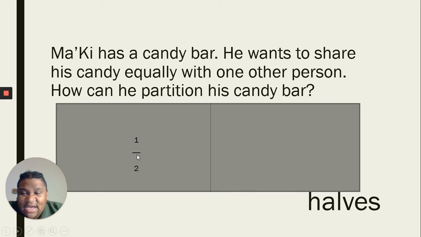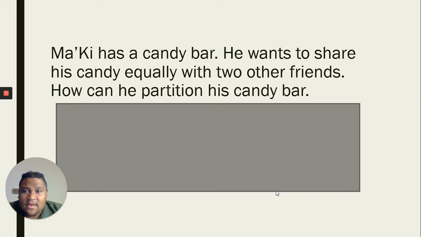He will get 1 of the 2 pieces. His friend will get the other piece. His friend will get 1 of the 2 pieces. So that is how you identify the fractional unit for an equal share. Let's try another one.